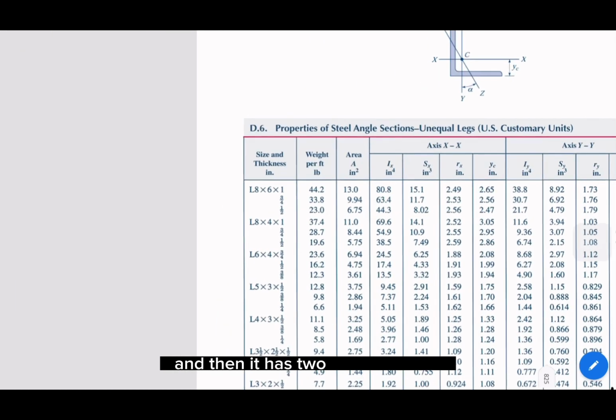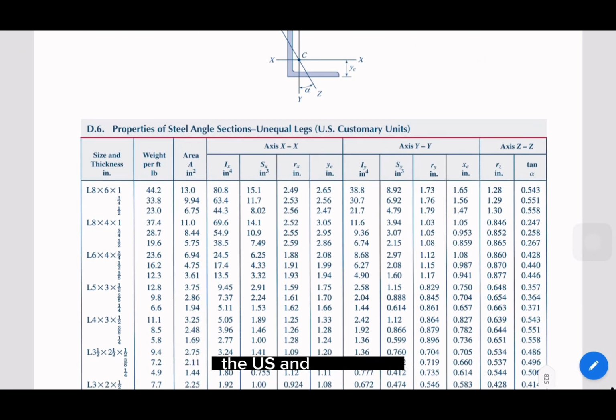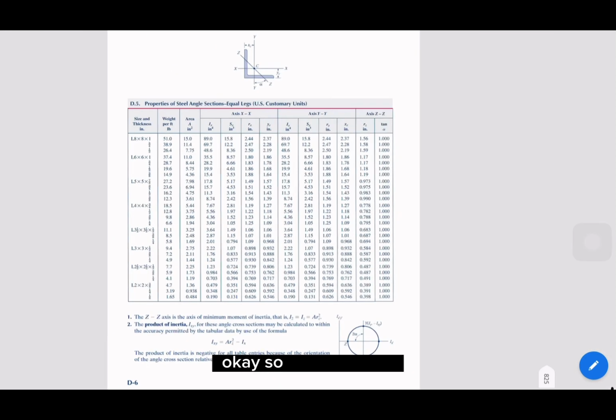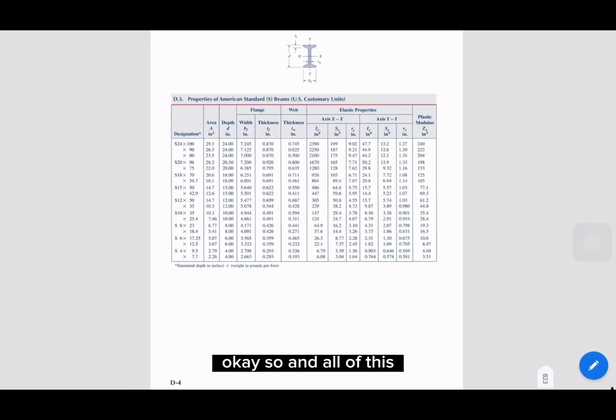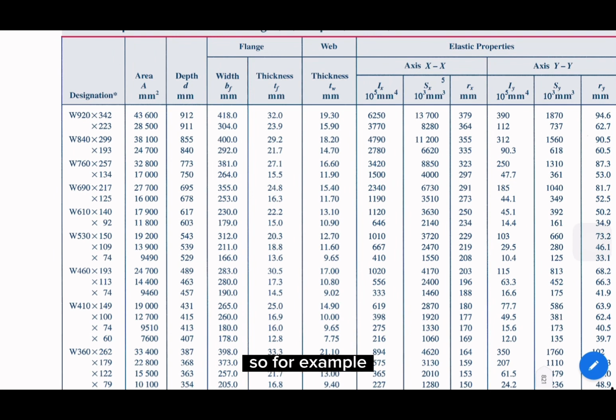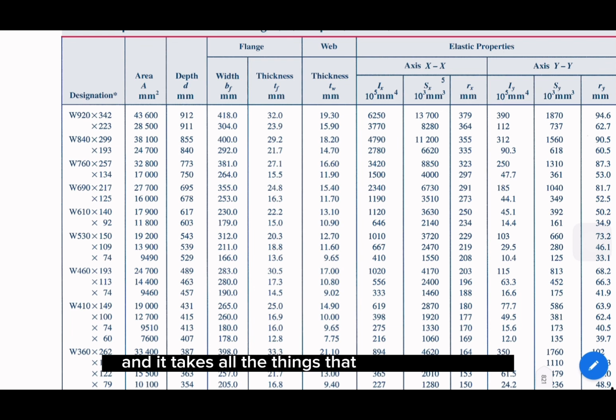Okay, and then it has two different units, the US and then the SI units, and we have this also. Okay, so and all of this, they are all standardized. So for example, we have this designation. Okay, it means that this is the code. So for W690 27, you have the area, you have the depth, you have the width, and the thickness, all the things that are standardized.